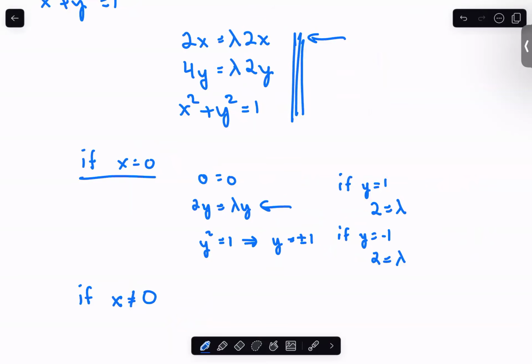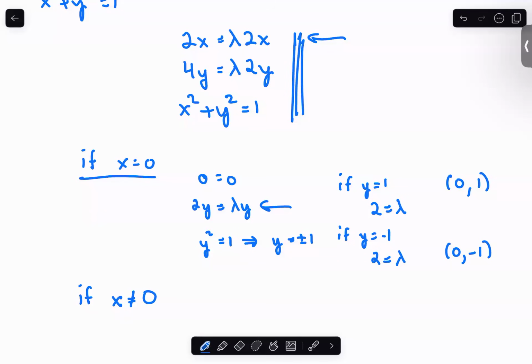So from this case, when x is equal to 0, I get the points (0, 1) and (0, -1). And these both have a lambda value of 2. So the scalar multiples would be off by a factor of 2. Okay, so there are two solutions to my system of equations.